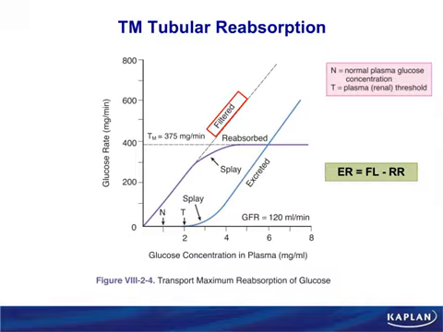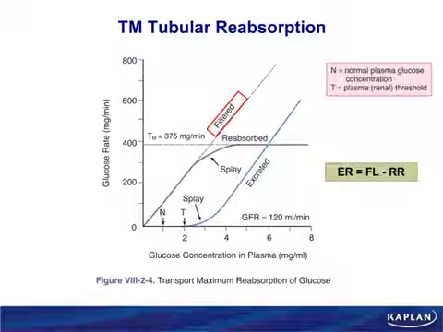As the plasma glucose concentration increases, the filtered load increases. Look at a glucose concentration of 6, for example: your filtered load is very high, maybe around 800, based on this graph. So the higher the plasma glucose concentration, the higher the filtered load is. That's the first thing that we are graphing.